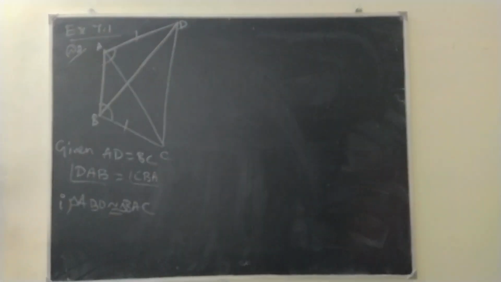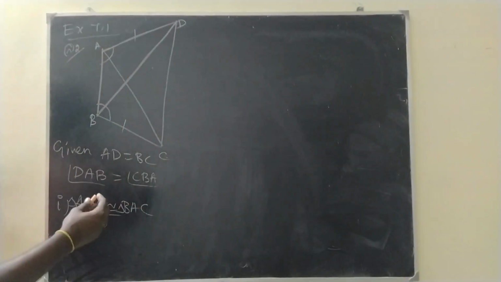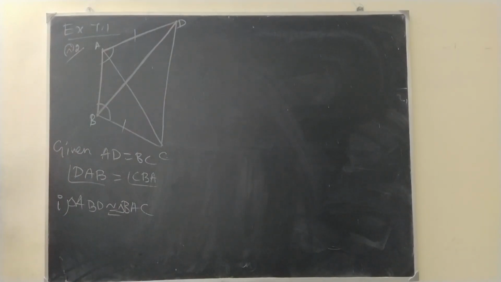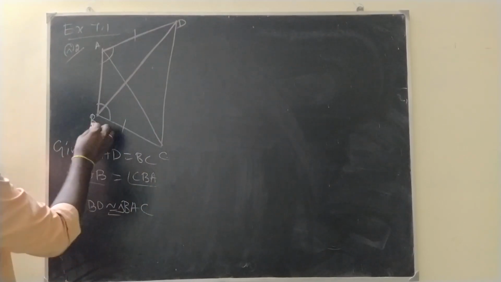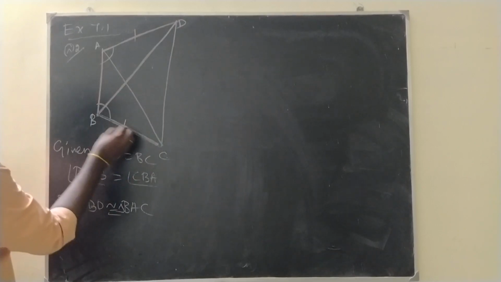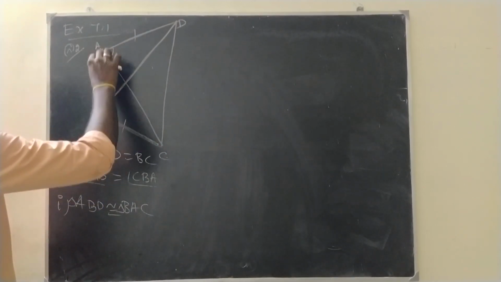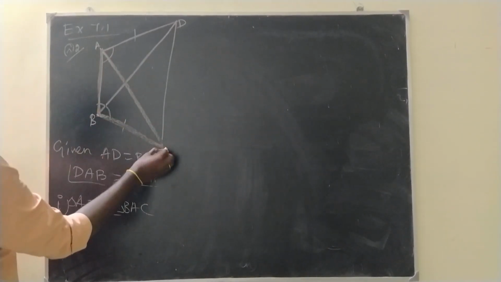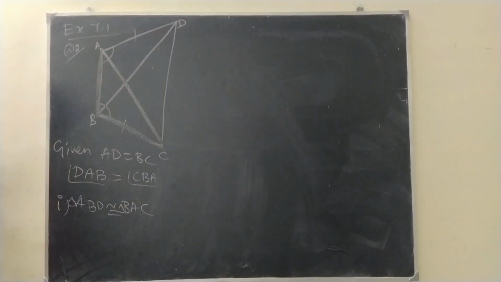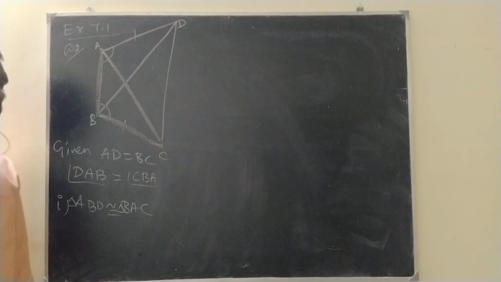BAC will be marked using another color. B, A, C. Can you see the difference between these two triangles? Using a darker line I shaded. Now focus on these two triangles.